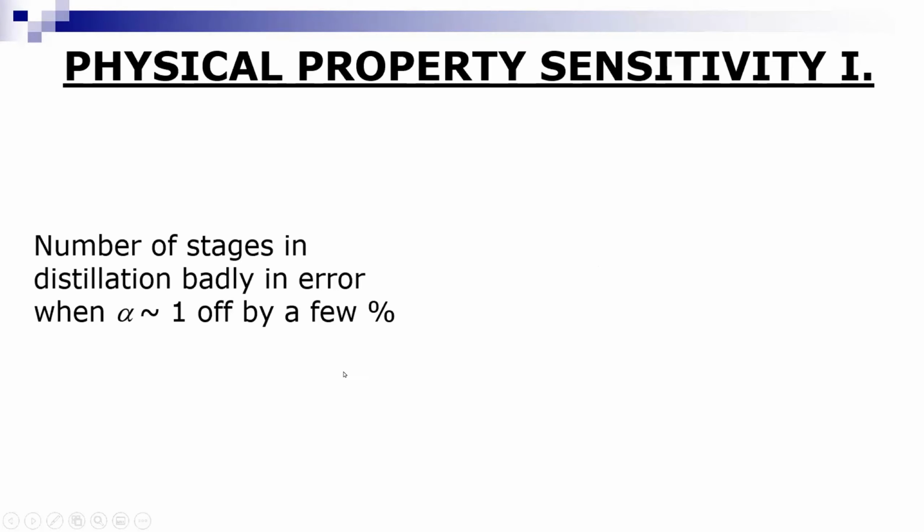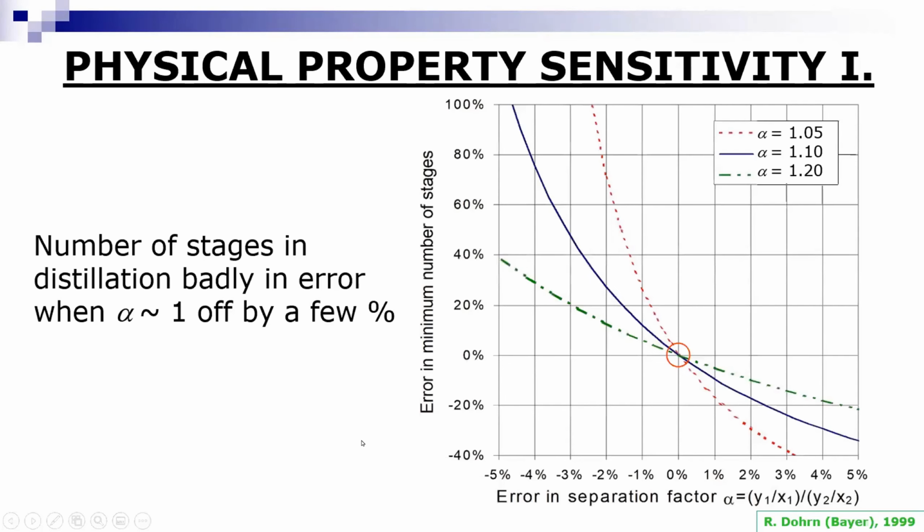Let's talk about sensitivity for a moment. The number of stages in a distillation is badly in error when alpha is off by a few percent. Here's a plot from our good friend Ralph Boddarn again. Here's the error in the minimum number of stages in a particular calculation. This is a function of alpha, and here's the result that you would get if you got it right.